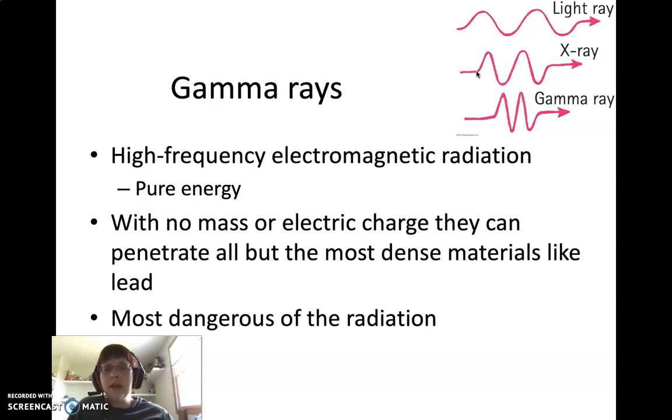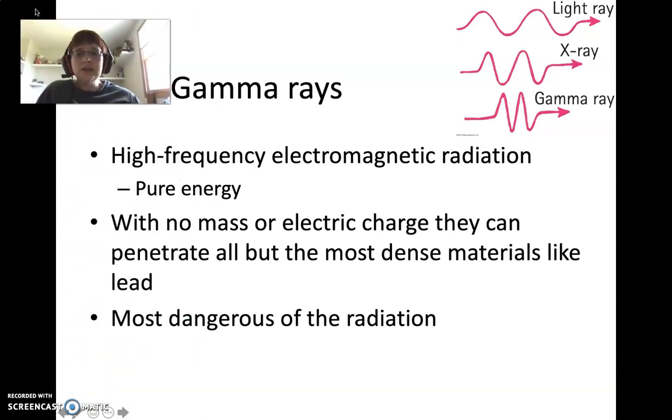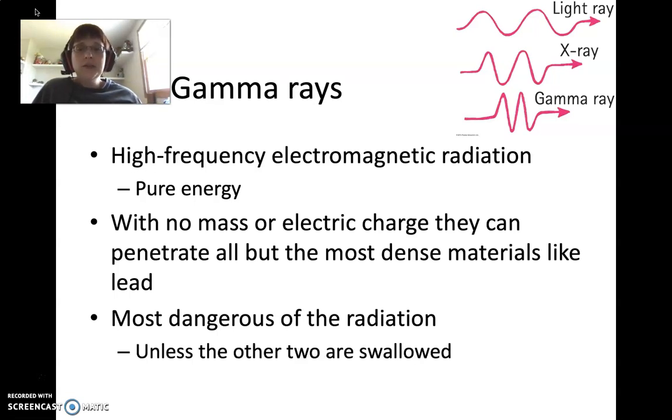The thing is that of the different types of radiation that we talked about so far, gamma rays are the most dangerous because they are pure energy, and they are such high frequency energy that they're very damaging. And they take so much protection in order to protect you from this energy. The only exception is if you swallow the other two.